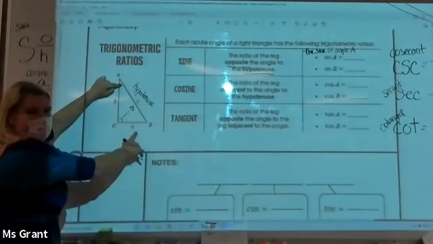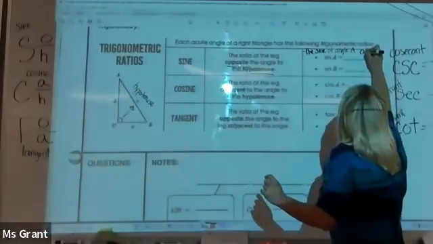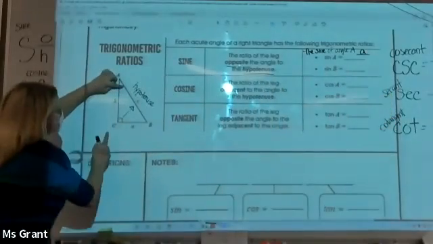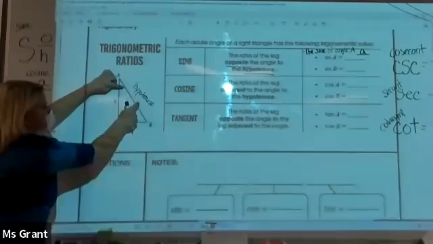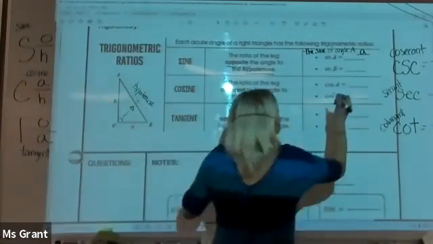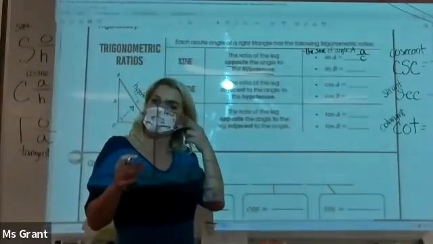It's this long. I don't know how long. I'll say lowercase a. Opposite over the hypotenuse of this triangle. The hypotenuse of this triangle is lowercase c. That's how long the side is. It's c long. So your ratio, your fraction is a over c.